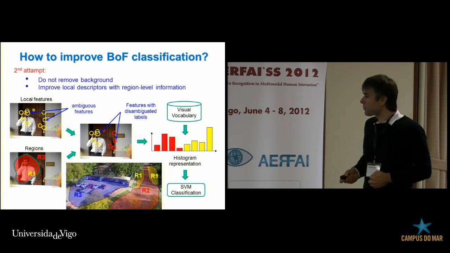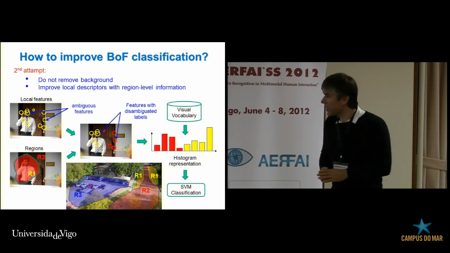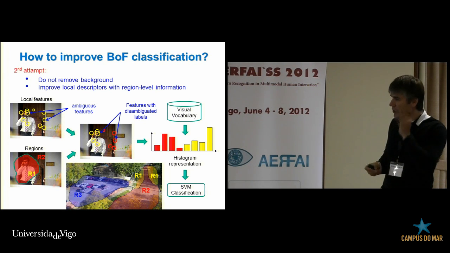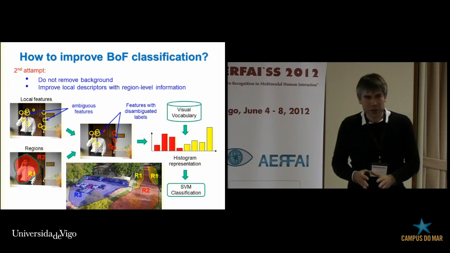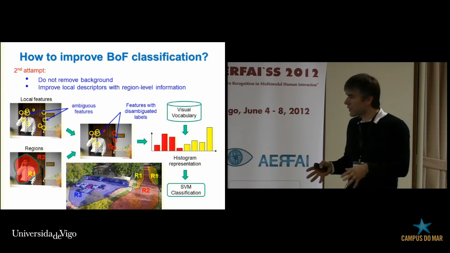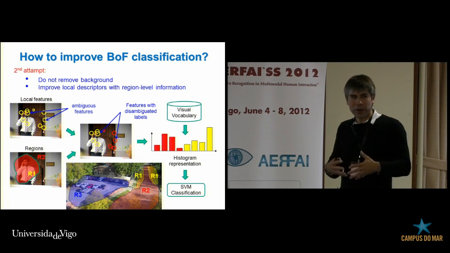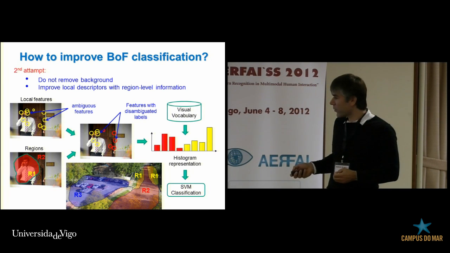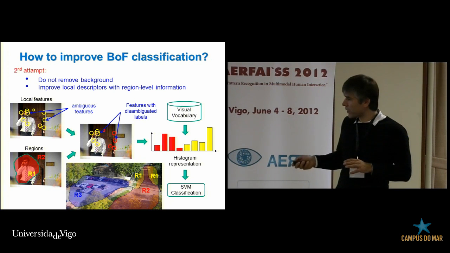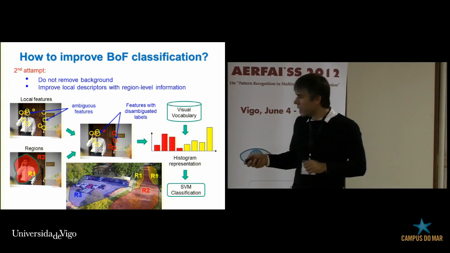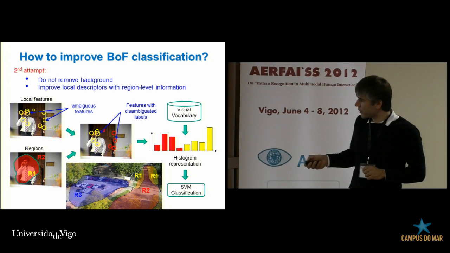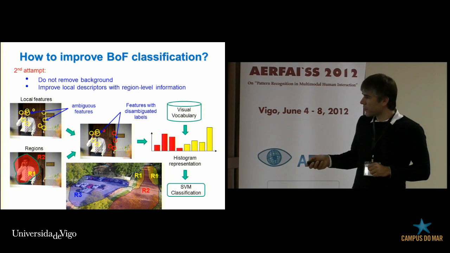Okay, another attempt for improvement was to separate the scene into different regions. Not to focus on a person, but to just separate the scene into different regions, which may have different semantic meaning. Here is one intuition. If we have some method which segments the scene into different regions, like R1, R2, R3, with different meanings.